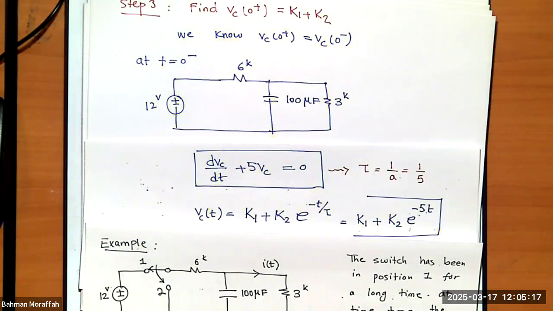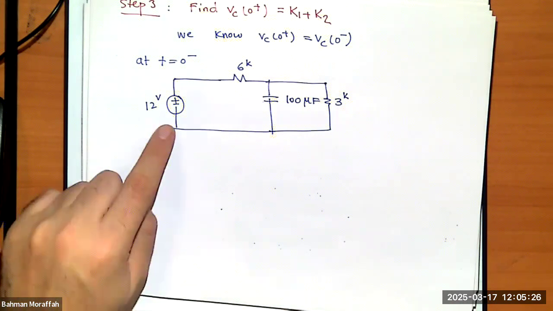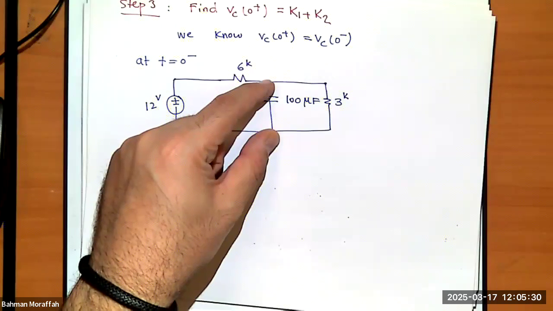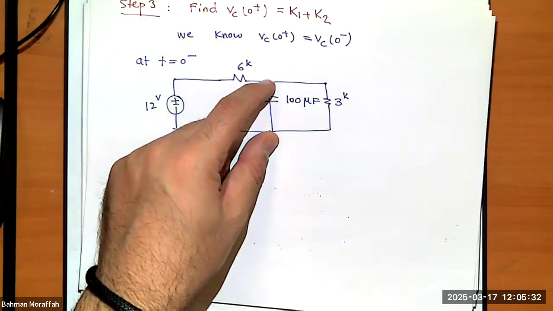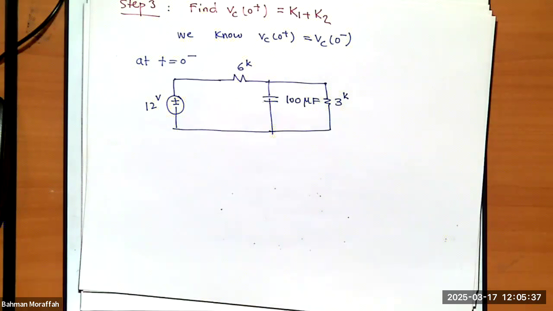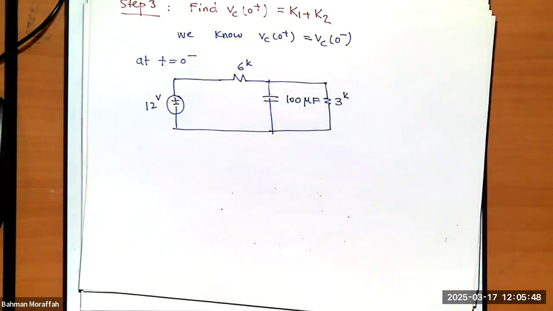But look what happened. If you look at this circuit over here, everything in this circuit is constant. This is constant. This is constant. Therefore, voltage across this capacitor must be constant. What happens to a capacitor with the voltage across it 0? What is current through it? 0. Therefore, this capacitor becomes an open circuit.